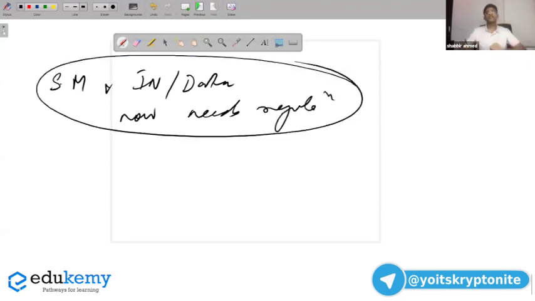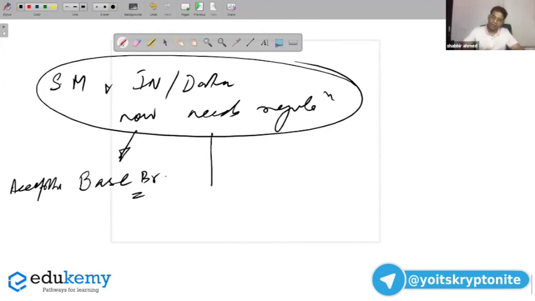But ये regulations में तीन challenge हैं. Okay, one challenge is that we need to decide on what is acceptable base behavior. Okay, this is a very important point. कि base behavior acceptable क्या है? This is important.